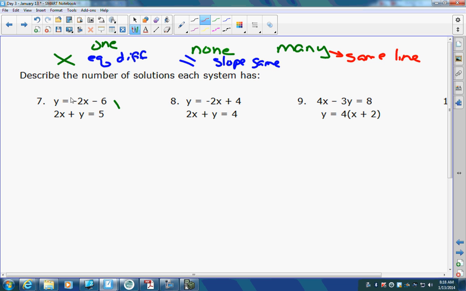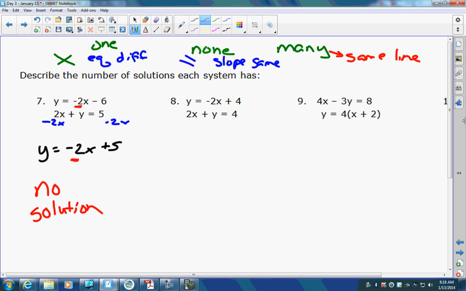So let's go through here and let's solve for y. On number 7, the first one is already in y equals form. The second one, subtract 2x from each side. I get y equals negative 2x plus 5. Look, they have the same slope, different y-intercepts. That means there is no solution.